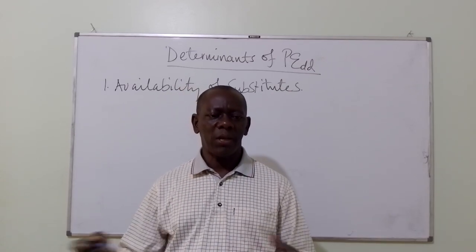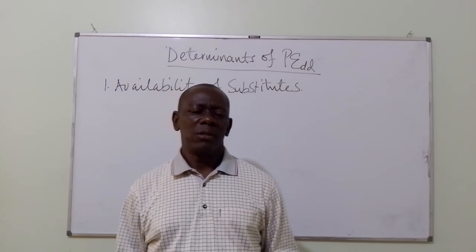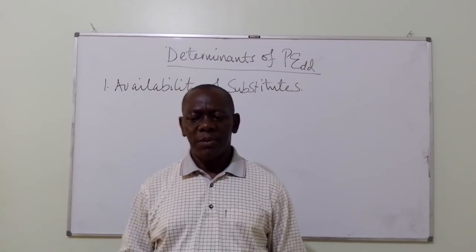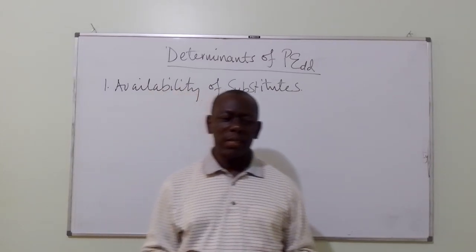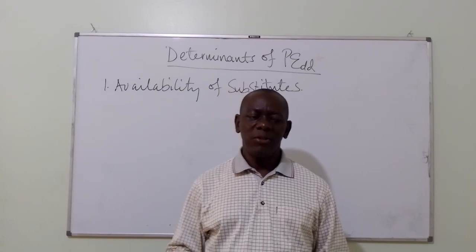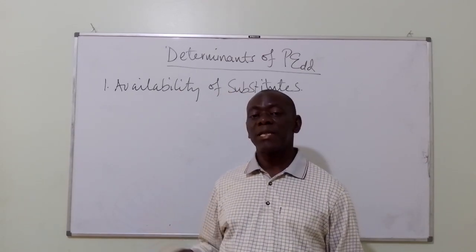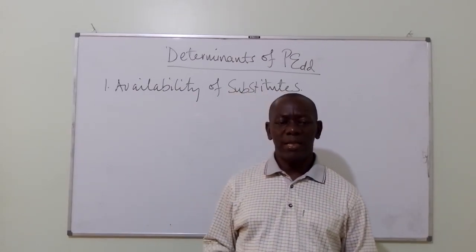These are close substitutes. So if there is any slight increase in the price of one of them, people will abandon it and go to the other substitutes. So when you are dealing in a commodity which has many substitutes, then you are likely to face elastic demand.